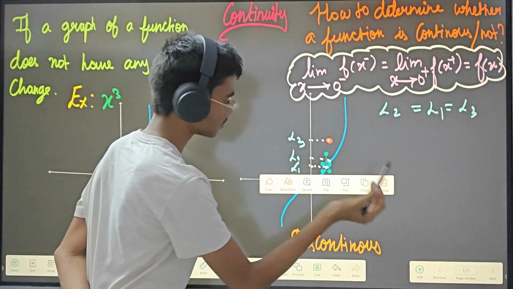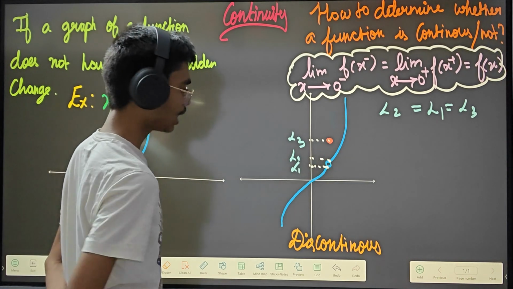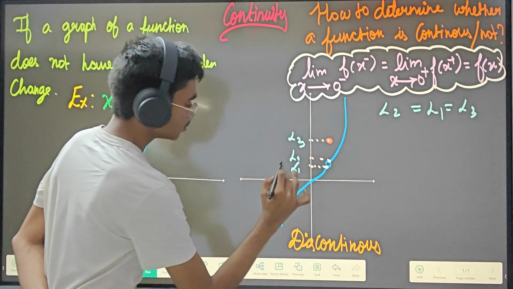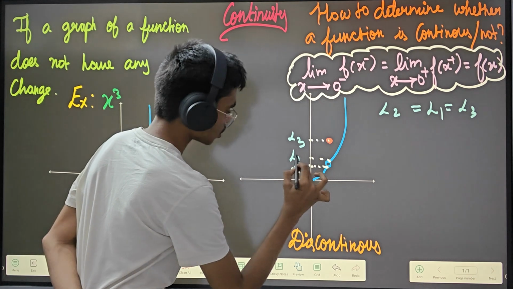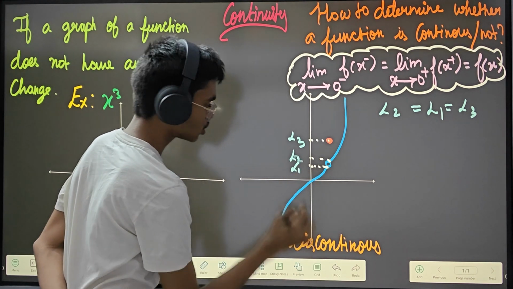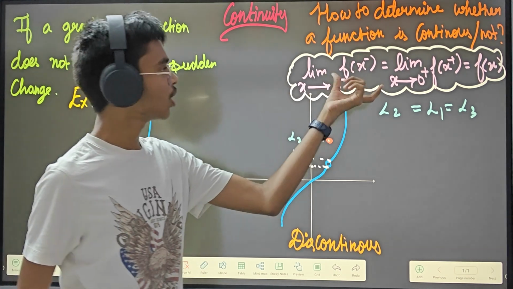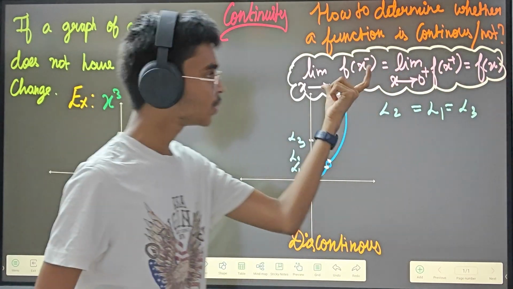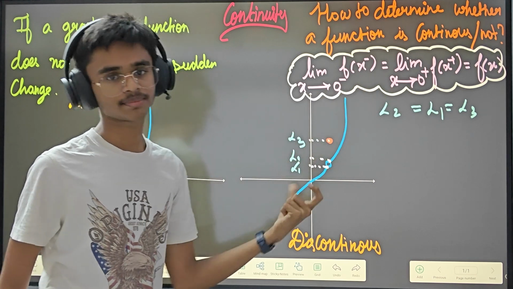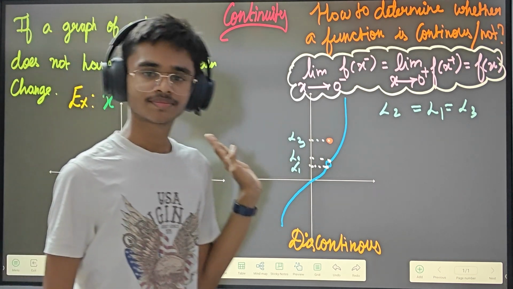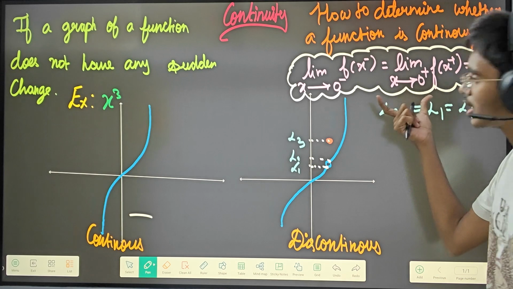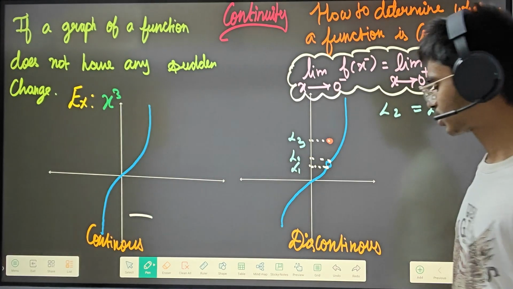So this is L1 and you can keep it as L2 also, but since these two are the same, I've kept it as L1. If this condition is satisfied, then it is continuous. If this condition is not satisfied, then it is not continuous.